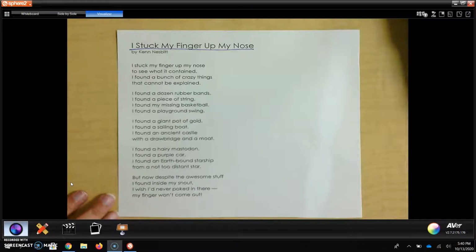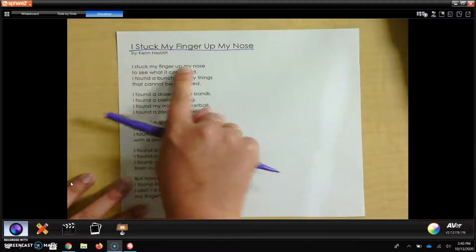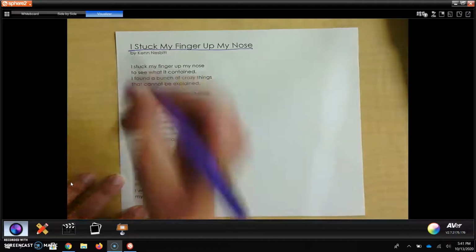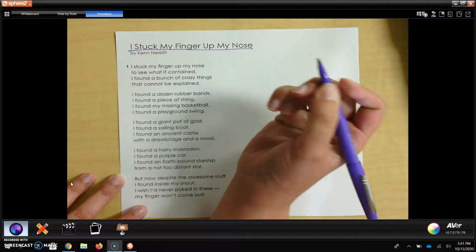So the next part of a poem is a line. Lines are a single row of words in a poem. So right here are single words in a row in a straight line of this poem. At the beginning, I like to just number each line.